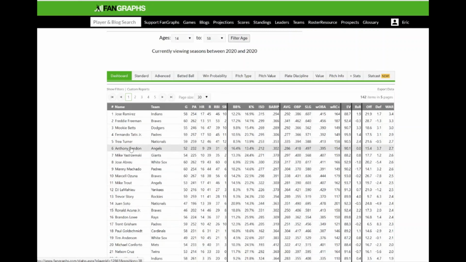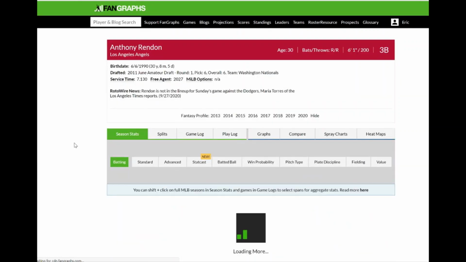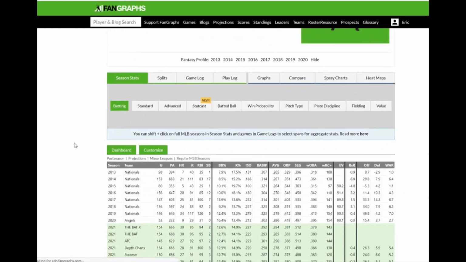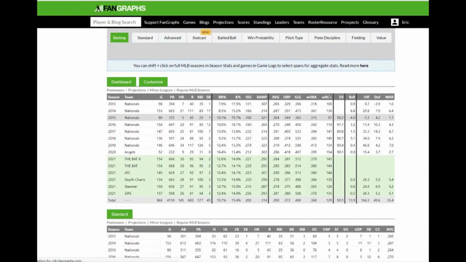Okay, here's Rendon, Anthony Rendon. If I know someone is going to produce like this during the course of their career, here's 35 total WAR, and we only want the years of the Nationals control here. So it's really closer to 33 wins above replacement over the course of Rendon's career with the Nationals. That's 7 years.